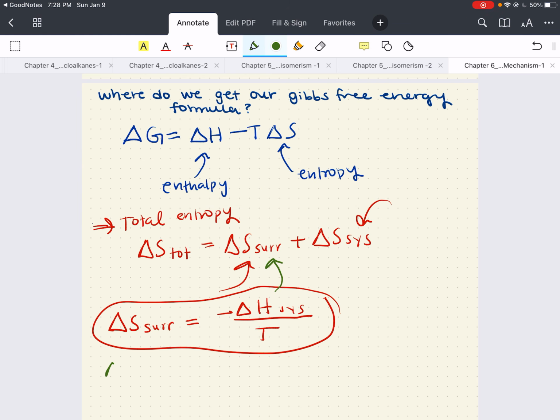So if we take this and plug it back into our total entropy term, what we get is something that looks like this. Total entropy is equal to minus the enthalpy change of the system over temperature plus the entropy of your system.